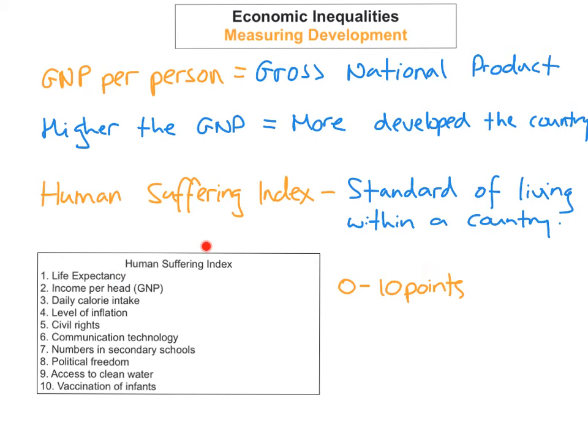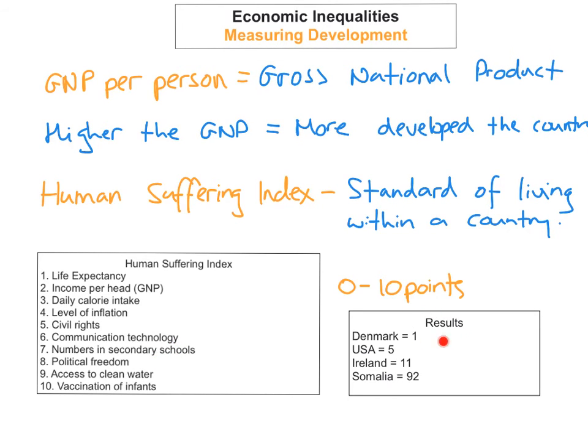If there's a really fantastic life expectancy in that country, you might get 0 or 1, and so on. So do this for each one of these. The maximum number of points that you could get would be 100, and the minimum you could get would be 0. And I'm going to show you some examples of results for some countries.